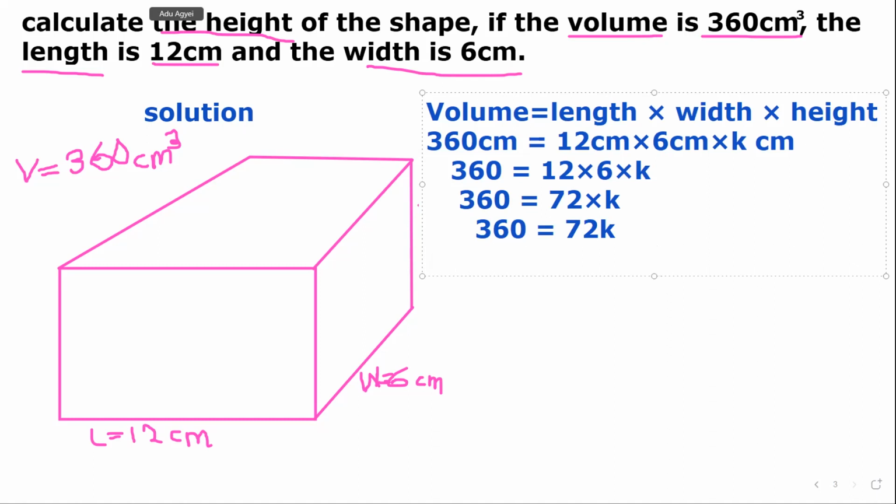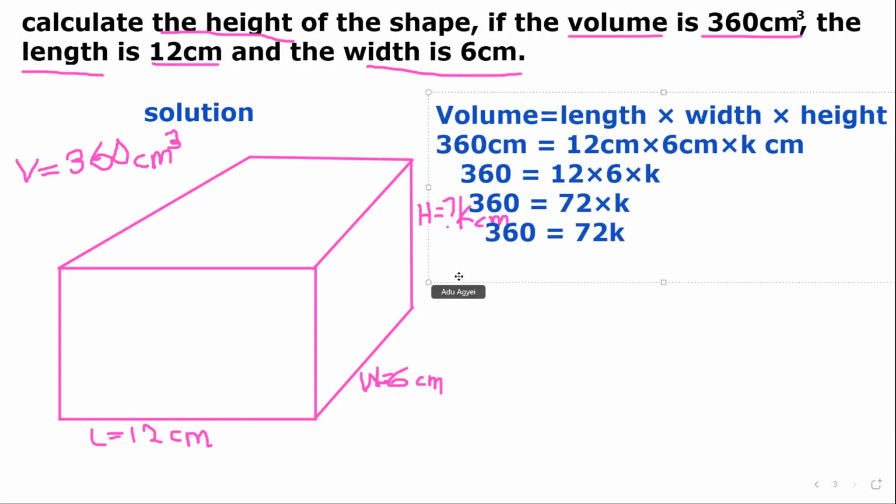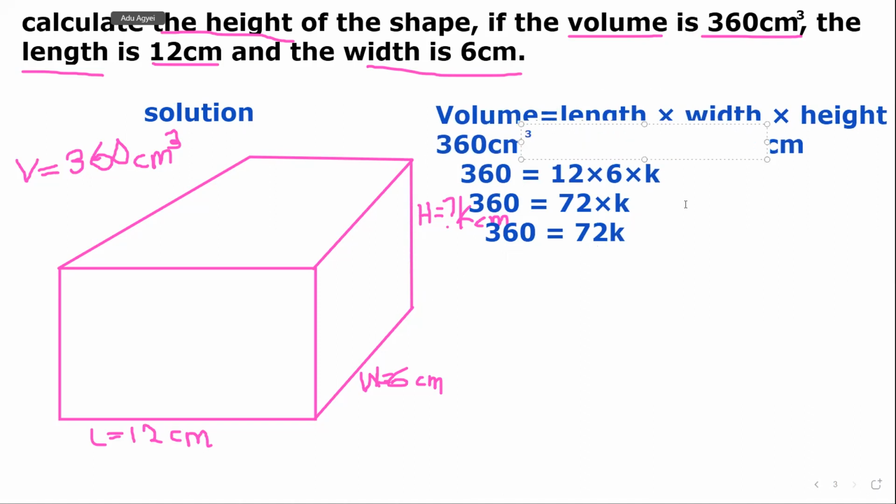You divide both sides by the number attached to the K. So here was 360 centimeters K. It's very necessary.